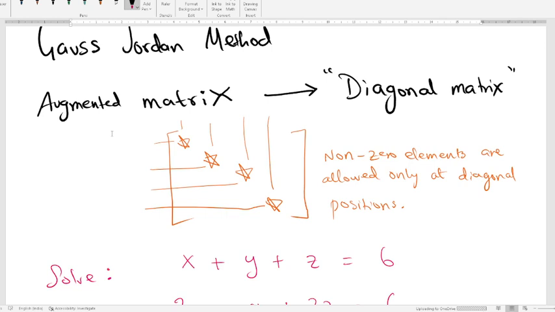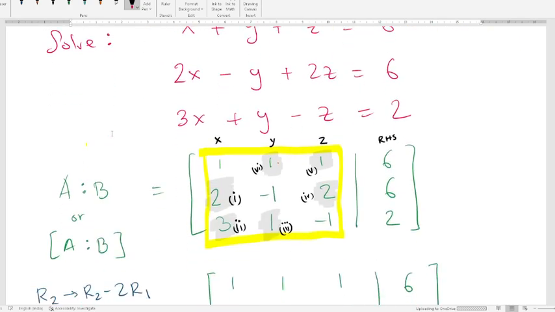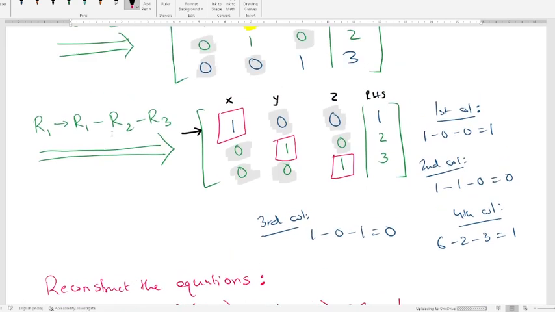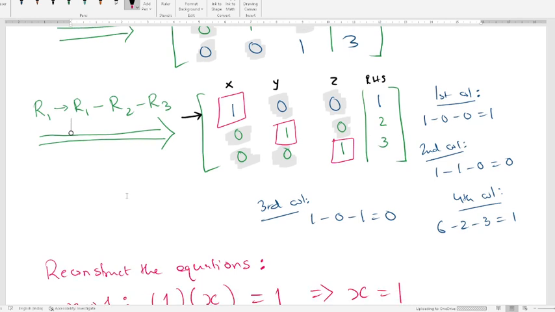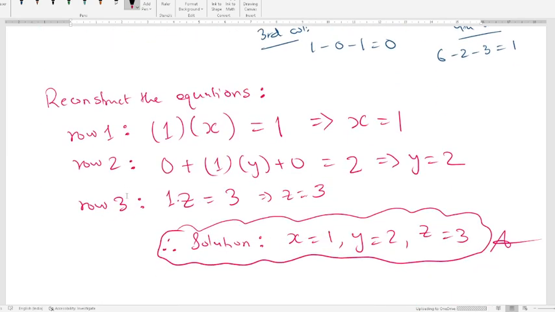All non-diagonal elements must be equal to zero. Then we took an example, and in this example we reached this particular form of the augmented matrix where we got a diagonal matrix on the coefficient side. And then we reconstructed our equations, and while reconstructing them we obtained the values of x, y, and z.